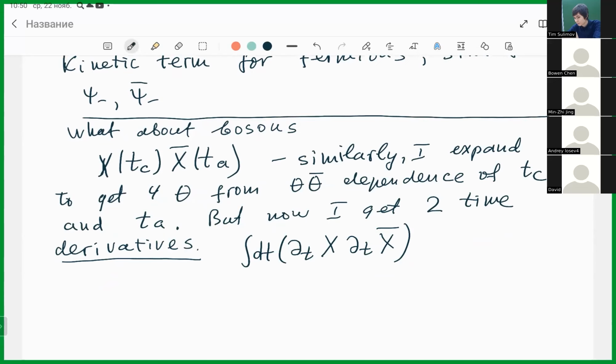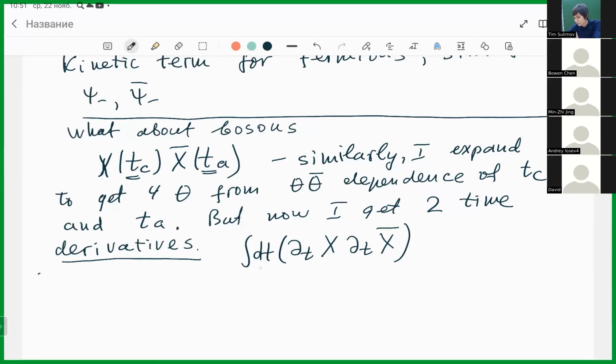So you may ask why I have only one derivative here. I can get 4 thetas in different ways. I can either get 2 thetas from here and 2 thetas from here, and it will be first derivative of x, first derivative of x bar, or I can take second derivative of x bar and get all thetas from x bar.